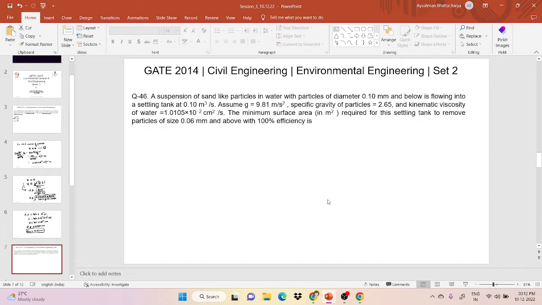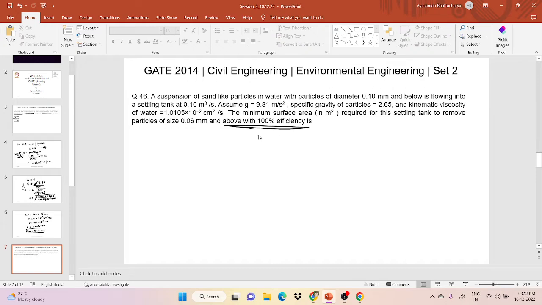Kinematic viscosity of water is 1.0105 into 10 to the minus 2 centimeter square per second. The minimum surface area required for the settling tank to remove particles of size 0.06 mm and above with 100% efficiency. This question came in GATE 2014 in set 2.